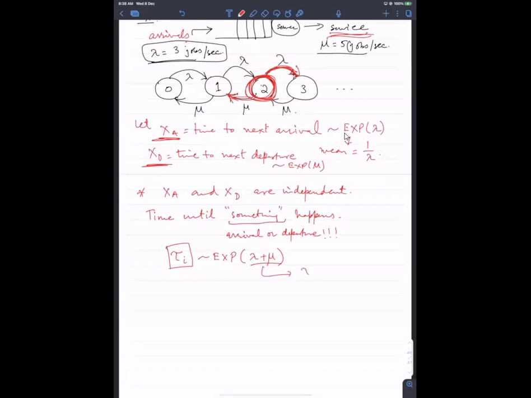So lambda I would be equal to lambda plus mu. Okay.